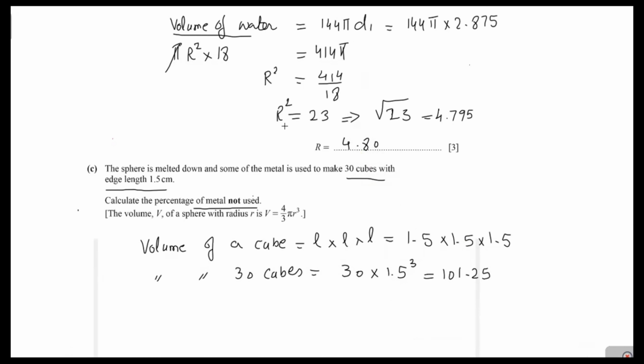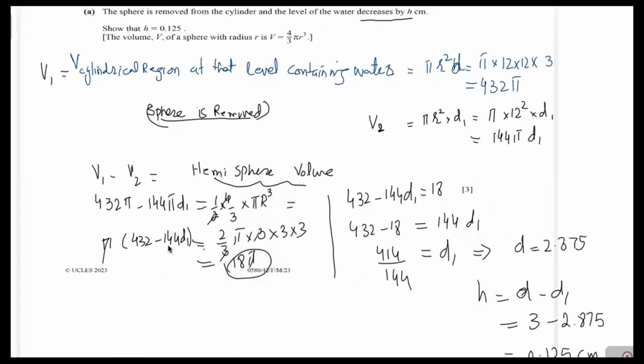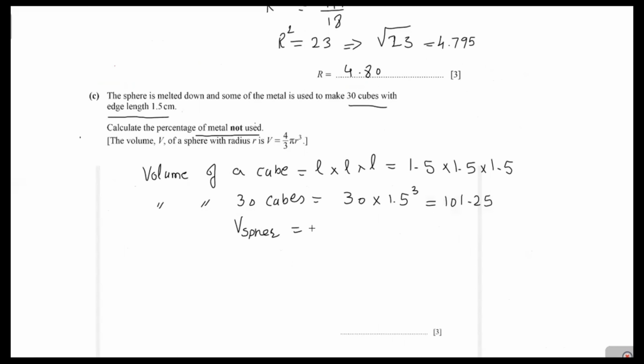Now you can see here the volume of hemisphere is given here. That is equal to 18 pi. You can see this is the volume of hemisphere, and that is equal to 18 pi. Therefore, the volume of sphere will be 2 multiplied by 18 pi, and that is equal to 36 pi, and that is equal to 113.09.